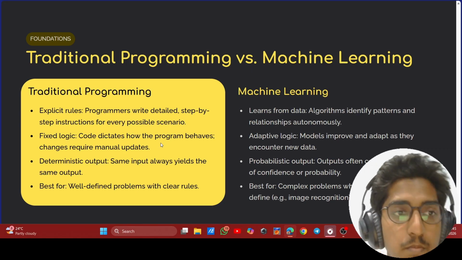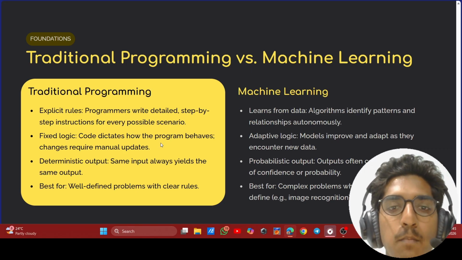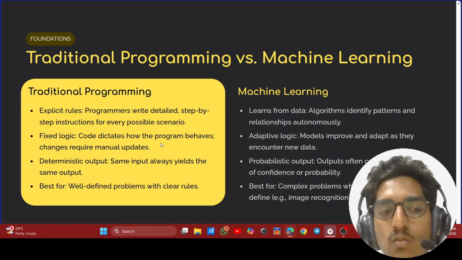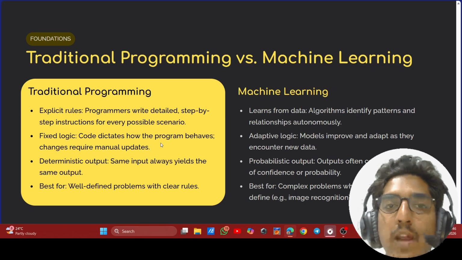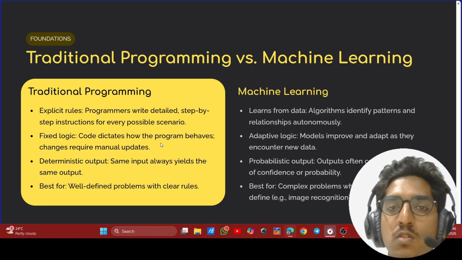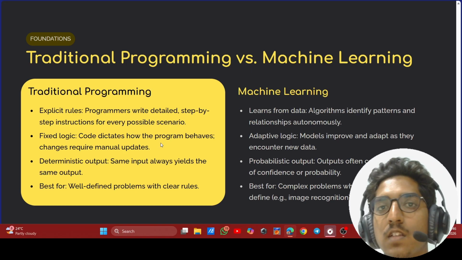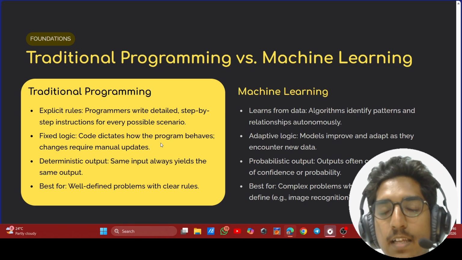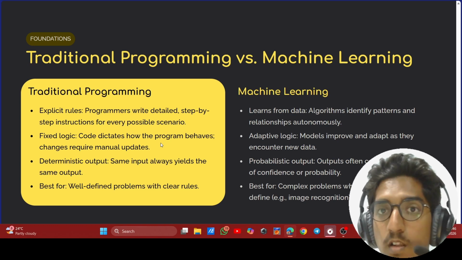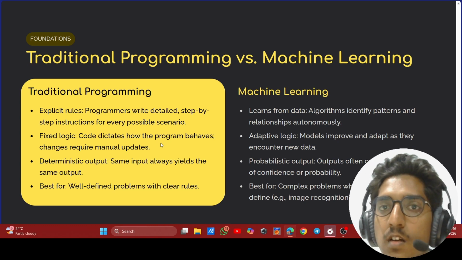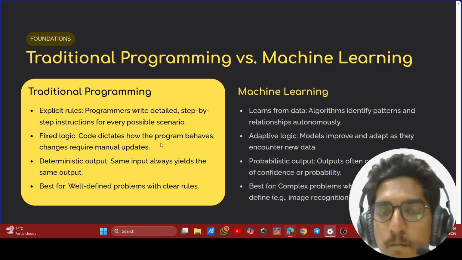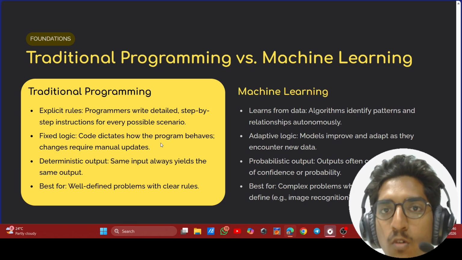The last difference between traditional programming and machine learning is that traditional programming is best for well-defined problems with clear rules. So it is good only for defined problems with clear rules. If there is a good rule, then there will be a good output. So this is the logic behind traditional programming.